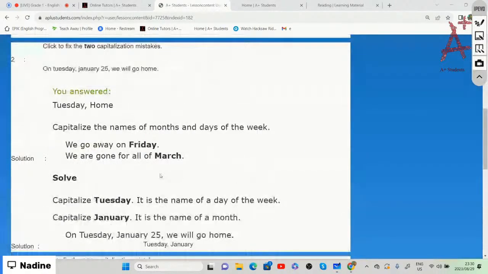All right, we need to click to fix two capitalization mistakes. So two capitalization mistakes, right? On Tuesday, January 25, we will go home. So we need to choose the two capitalization mistakes within that sentence.